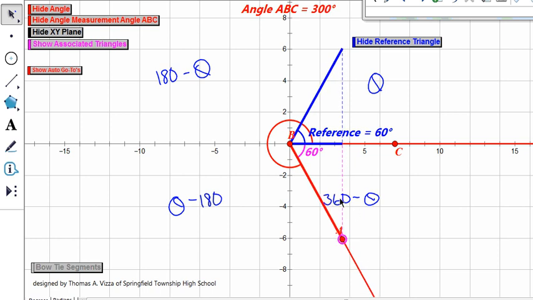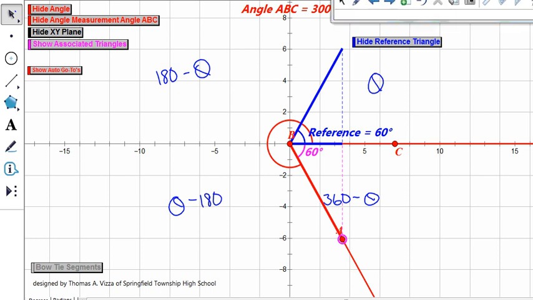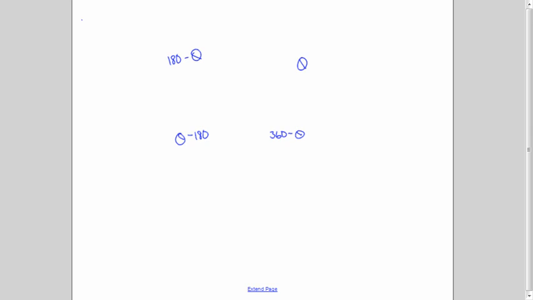Yeah, because 360 minus 300 for theta would give you 60, and you can see that the reference is, in fact, 60. So we have here these formulas for the reference angles if we in fact have degrees.